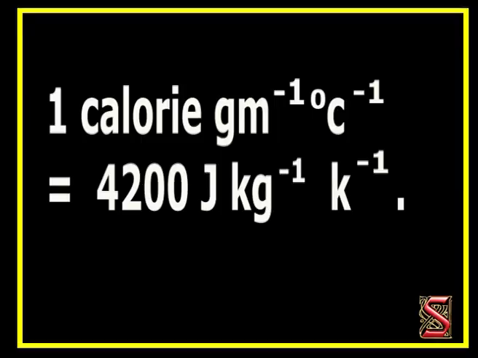It depends on the nature of the substance. Its units are calorie per gram per degree Celsius in CGS system and joules per kg per Kelvin in SI system. 1 calorie per gram per Celsius equals 4200 joules per kg per Kelvin.